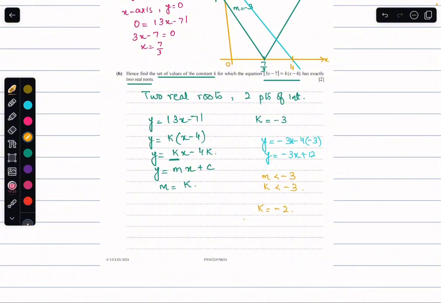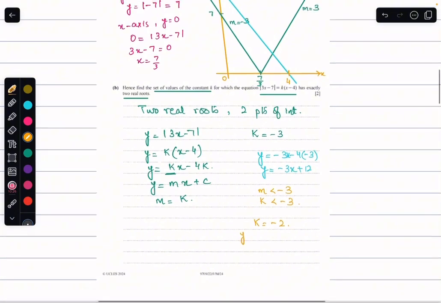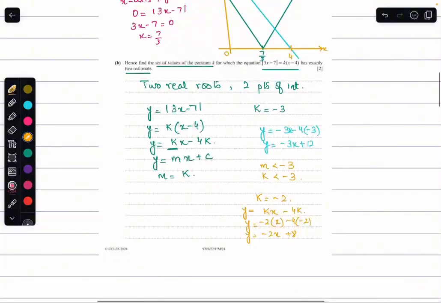With this k value, if I do some working, again having the equation kx minus 4k, with k as negative 2, it's negative 2 times x and then minus 4 times negative 2. This would give me the equation which is negative 2x and a positive 8. So this gradient value is negative 2, and I can see that my y-intercept here is 8, and with y as 0, my x-intercept shall be equal to 4.